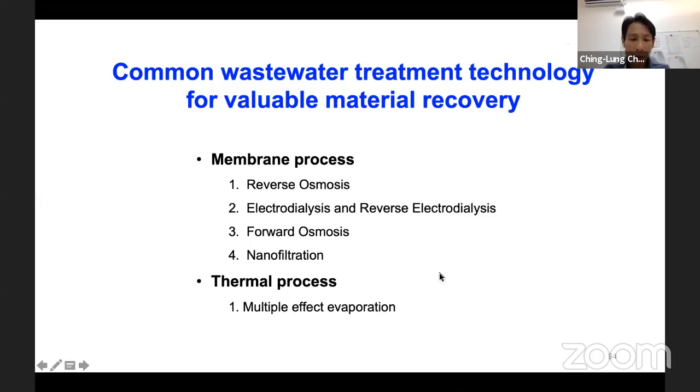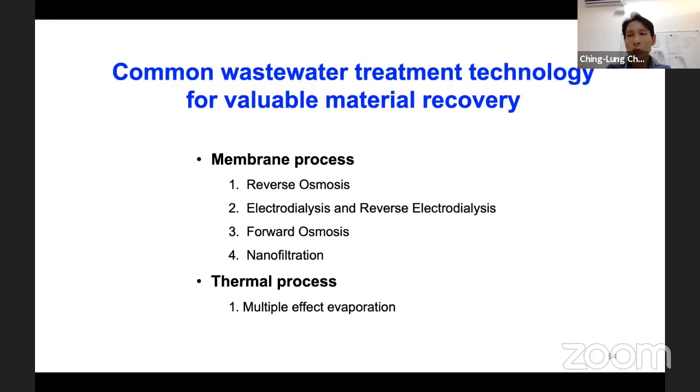And then here comes the thermal process. The thermal process is also called multiple effect evaporation. This thermal process works very well, but it is very expensive because we need to heat up the wastewater.